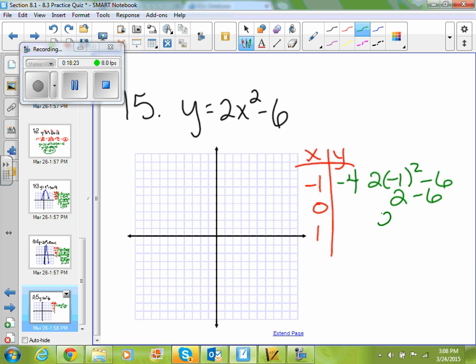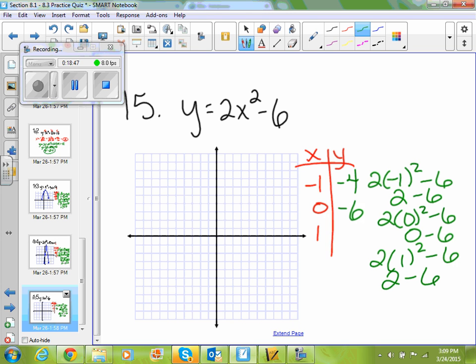If I plug in 0, 2 times 0 squared minus 6. 0 squared is 0, times 2 is 0, minus 6 is negative 6. Okay, and lastly if I plug in 1, 2 times 1 squared minus 6. 1 squared is 1, 1 times 2 is 2, minus 6 is negative 4. So I get negative 1, negative 4, 0, negative 6, 1, negative 4.